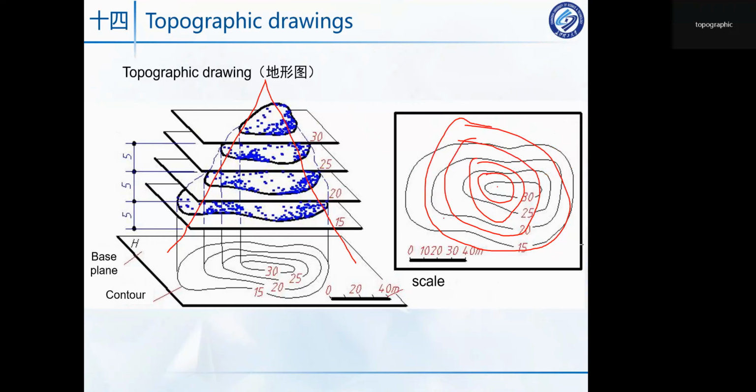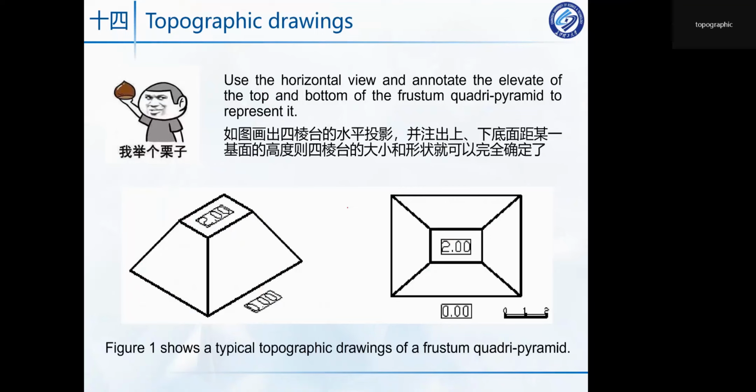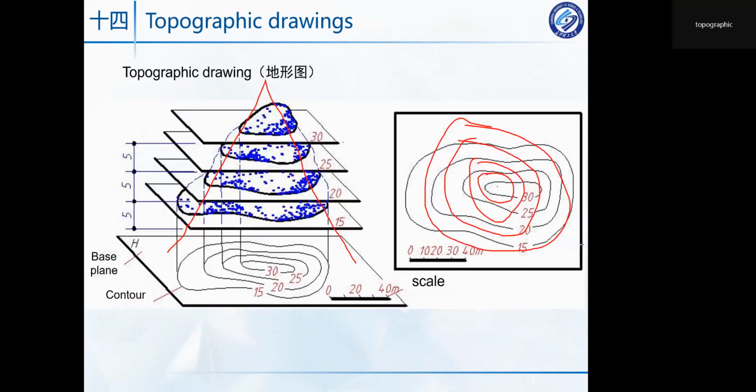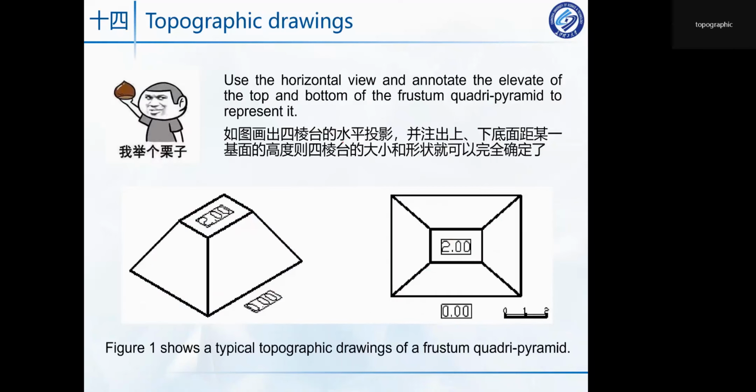Okay, so the next one is the pyramid. In this page, we have seen the mountain and a cone.